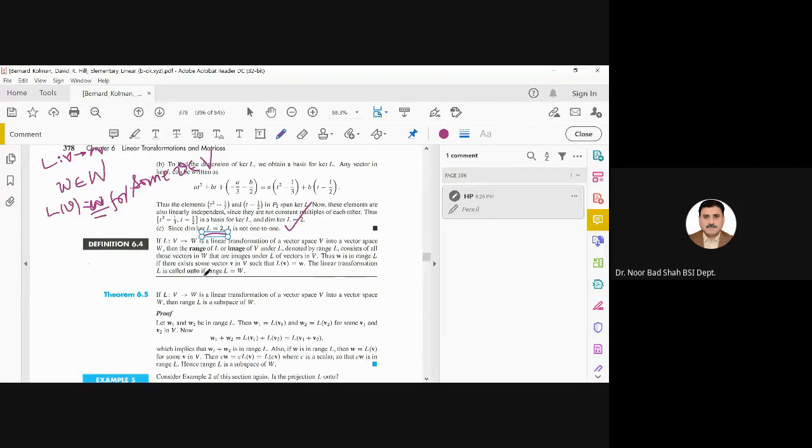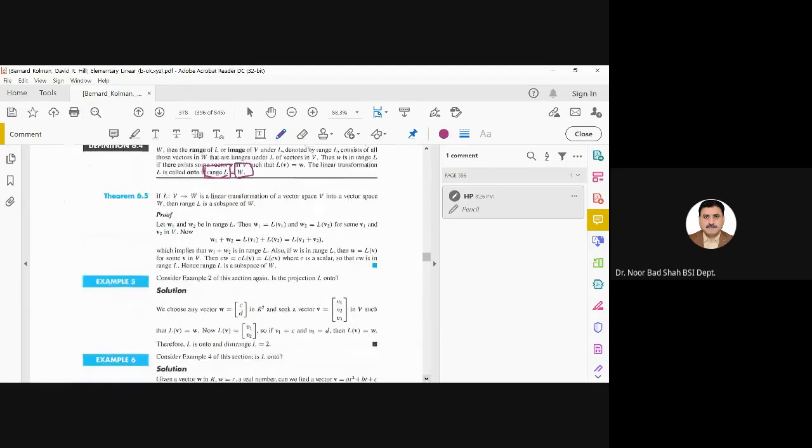Generally, if the range is equal to W, the function will be onto, which can be checked this way.